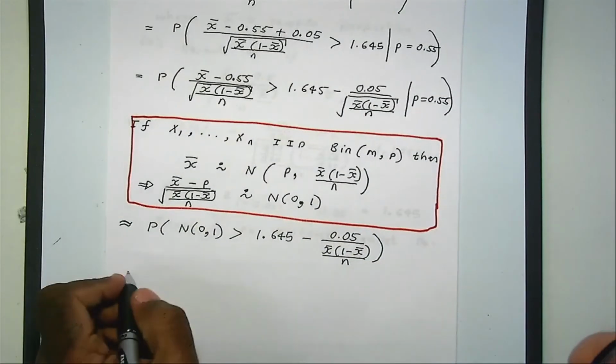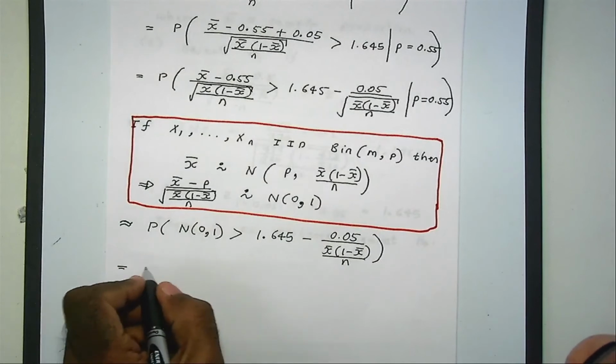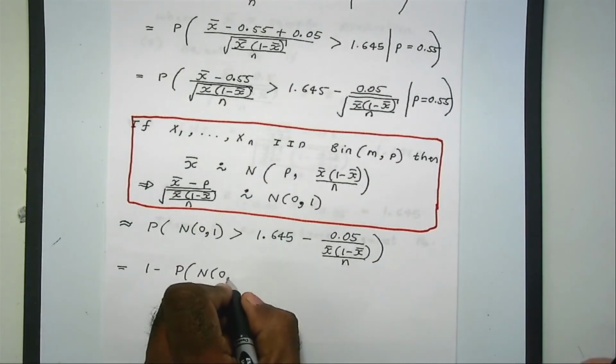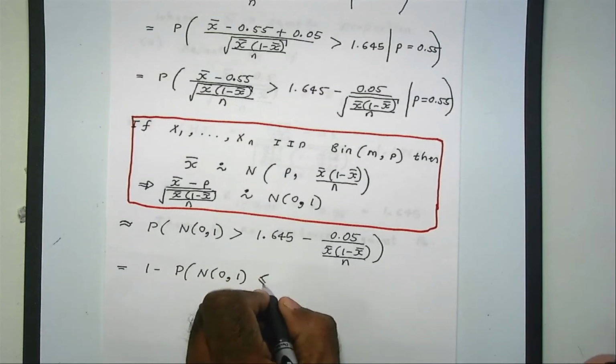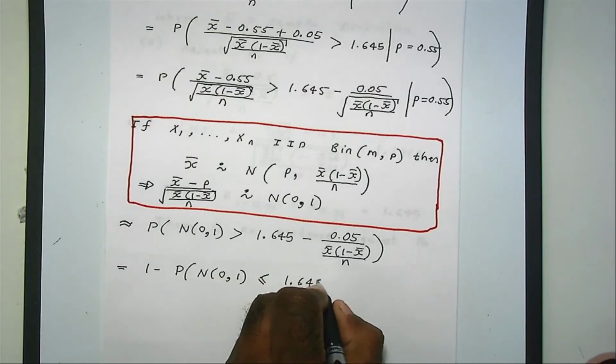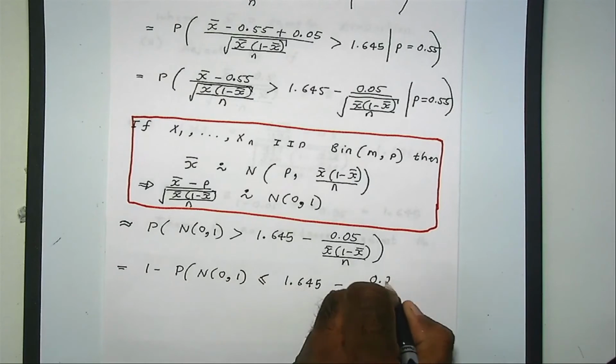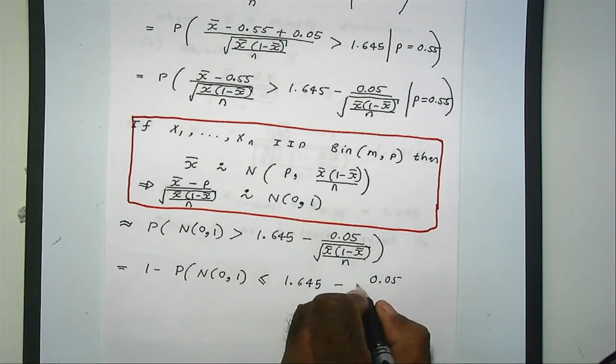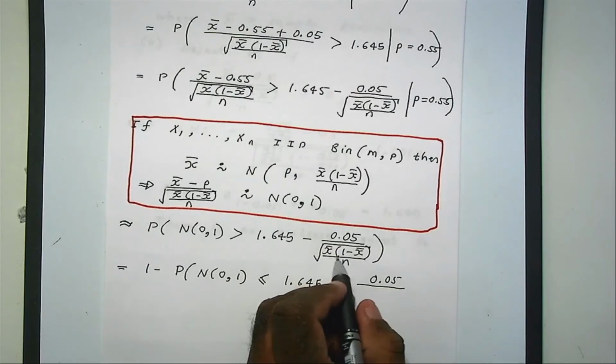Now this you can write as 1 minus the probability that N(0,1) is less than or equal to 1.645 minus 0.05. So there's a square root here. Now let me put in the numbers for X bar.